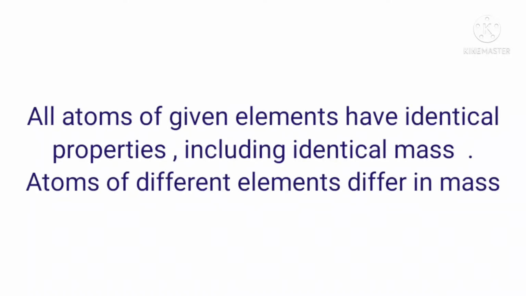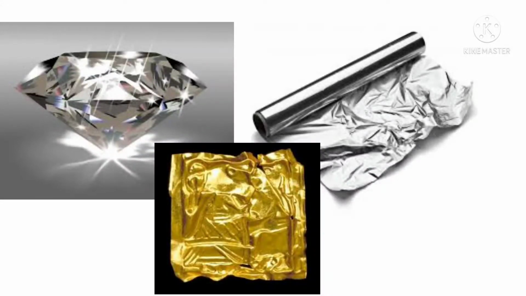The next postulate is that all atoms of a given element have identical properties, including identical mass, size, etc. Atoms of different elements differ in mass and size. For example, gold, aluminium foil, diamond. Diamond is composed fully of a single element, carbon.